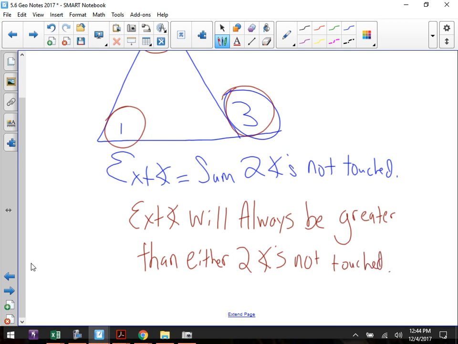That outside angle will always be bigger than either of the two angles it doesn't touch. It makes total sense to start thinking about it.